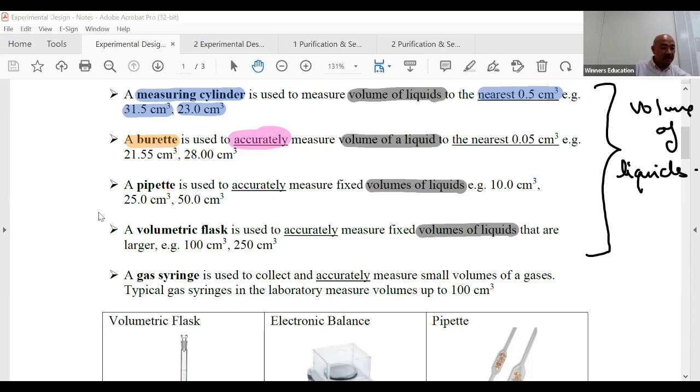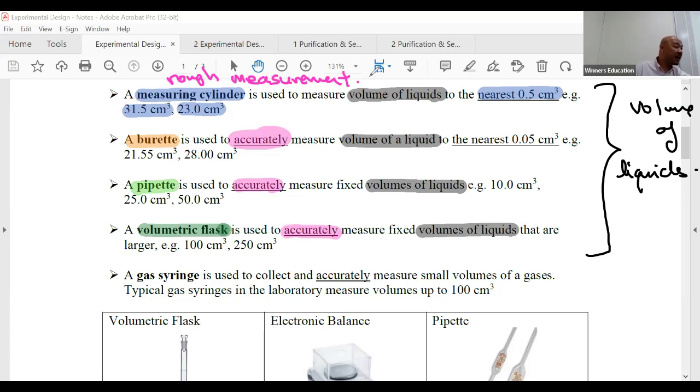A pipette is also very, very precise, just like a volumetric flask. They are very precise, which also means the measuring cylinder is not precise. It's just used for a rough measurement or rough gauge.